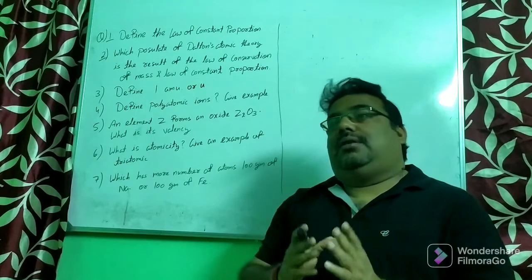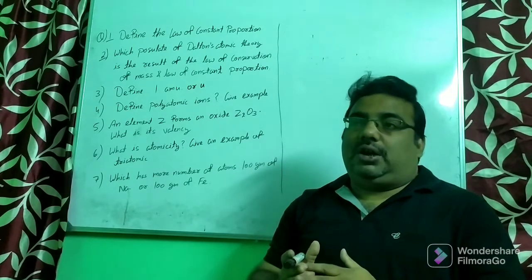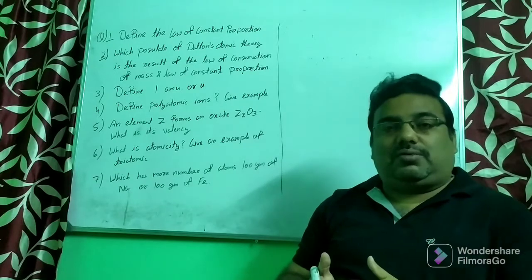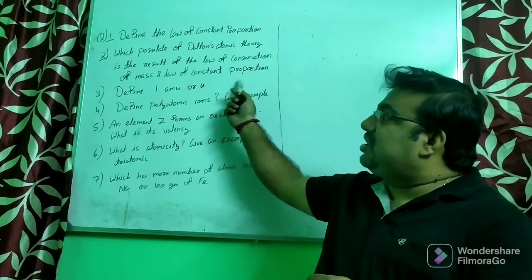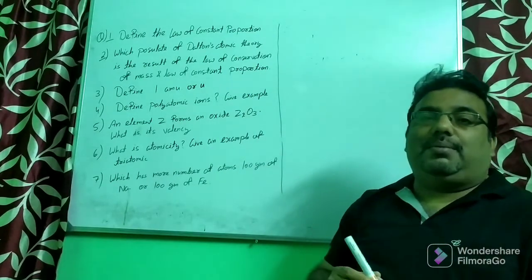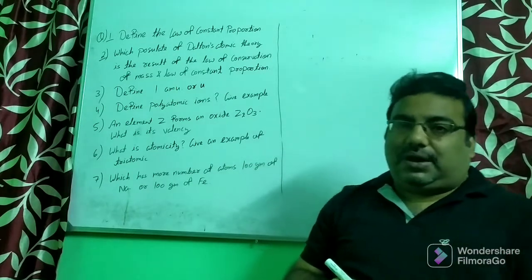So when the number and kinds of atoms are fixed, their masses are also fixed. So the ratio of the mass of different elements is also fixed. That is the law of constant proportions. So you have to write the postulate that explains it: the relative number and kinds of atoms in a compound are fixed.